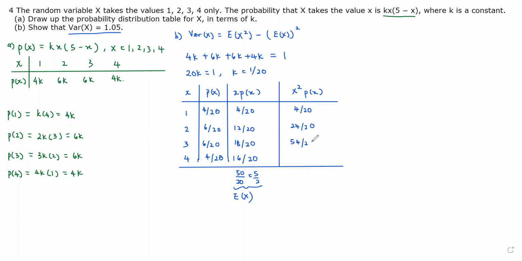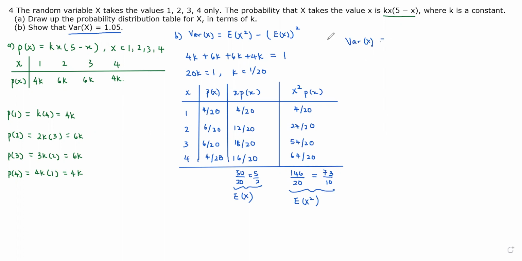We have 54 over 20. 16 times 4 is 64 over 20. Denominators are common. We just add the numerators, and we have 146 over 20, which can be simplified to 73 over 10. And that is the expected value of x squared.